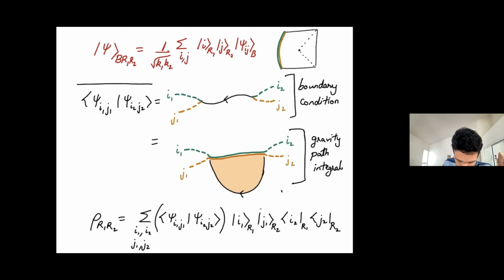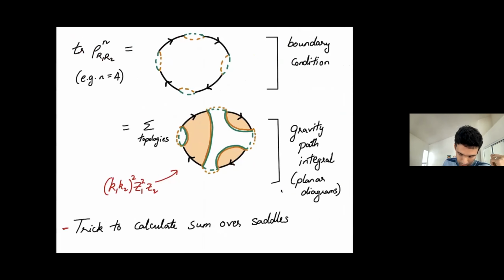It has these matrix elements which are given by overlaps of the black hole density matrix with specific labels. As we saw, this matrix element is computed by these boundary conditions. Good. Now, what we'd like to do is compute the square root of this density matrix. The square root of this density matrix is hard to do.